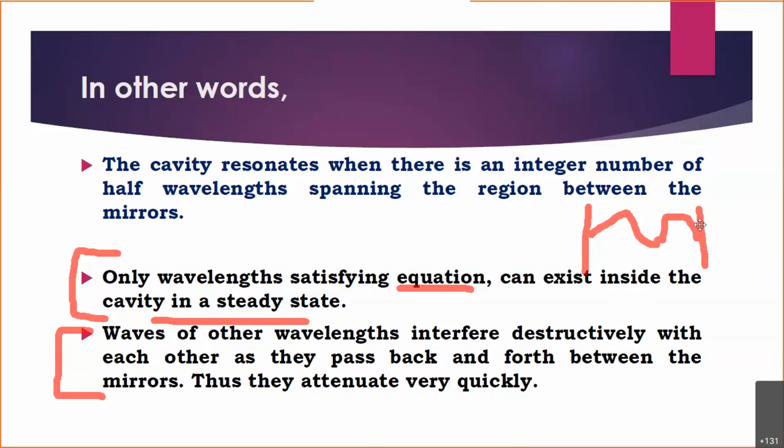After reflecting from the second mirror, if the signal is again moving in the same phase, then the amplitudes of both signals add in the same direction. The collective output is going to be the larger one.